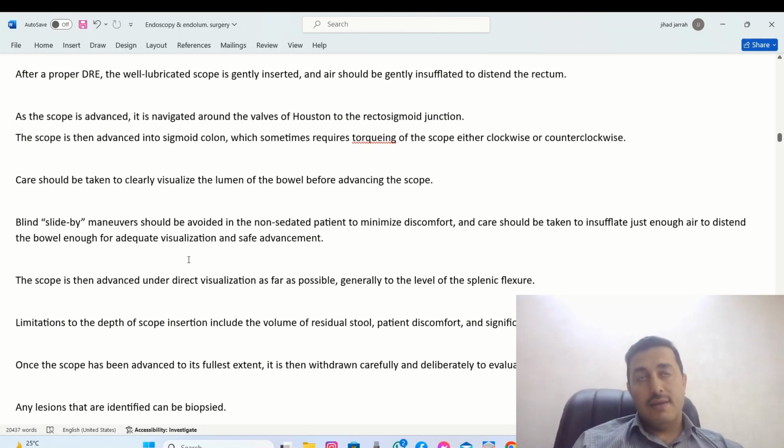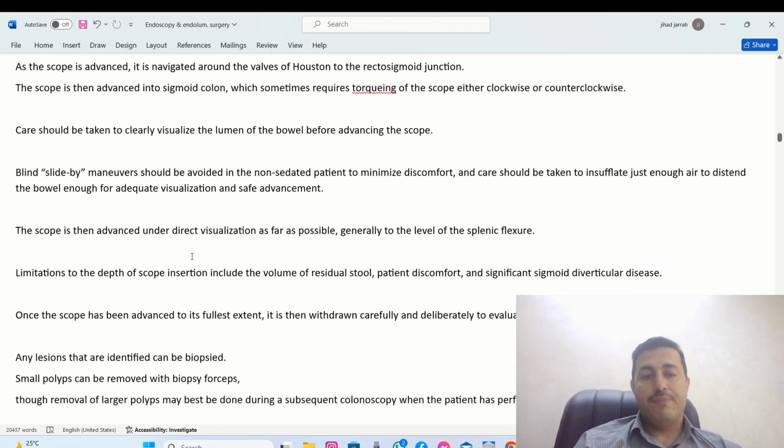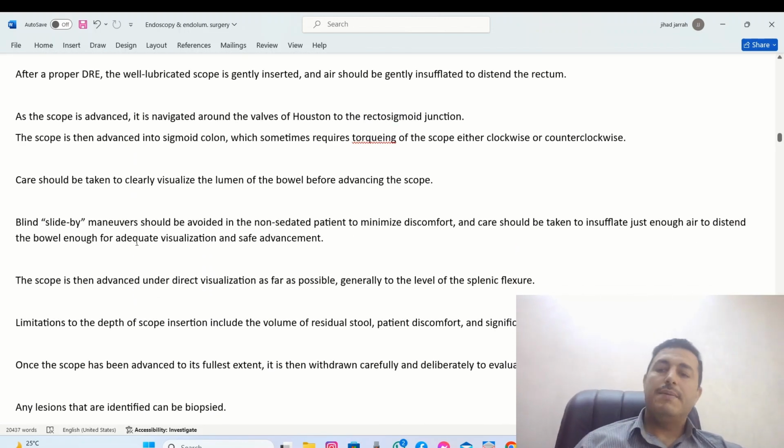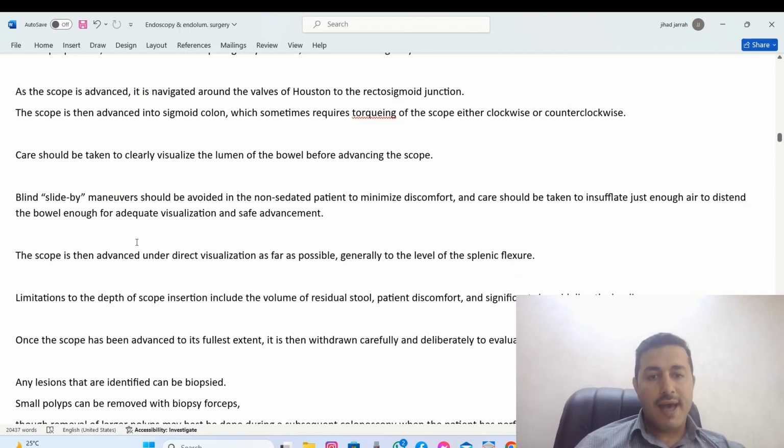Again, the patient is not sedated, so air can cause discomfort due to the distension of the bowel. Okay. We said under direct visualization, after passing the sphincter, we can control the scope by direct visualization.